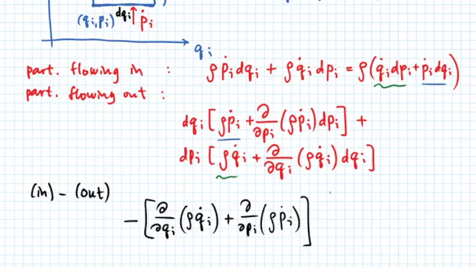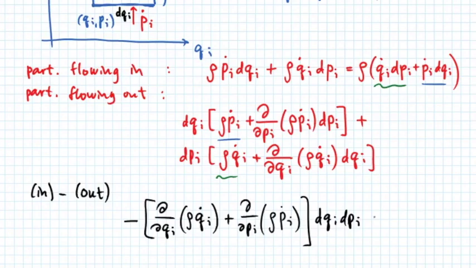And then we have the element sizes dq_i and dp_i. So this is the rate of flow. What is this change in the rate of flow equal to?